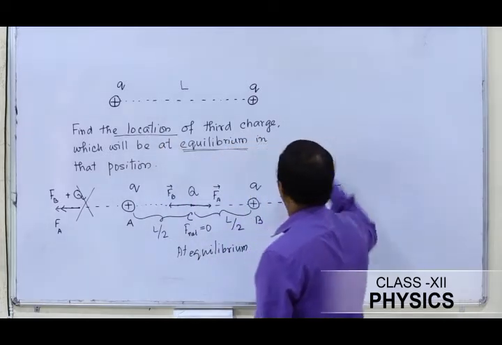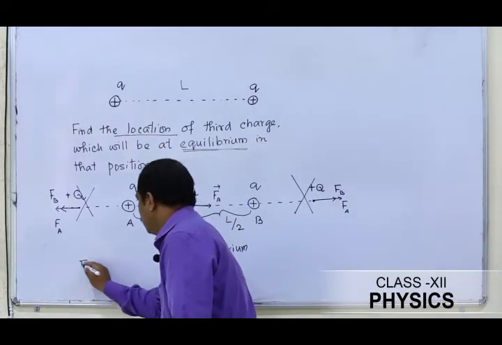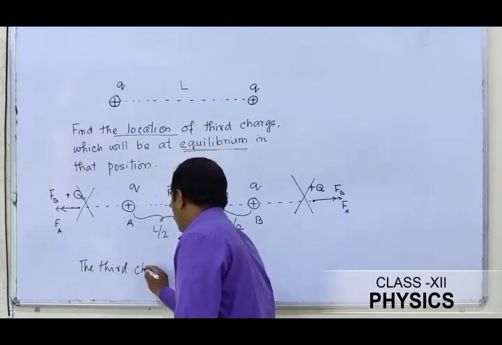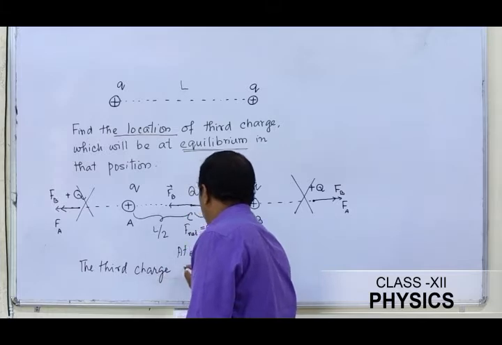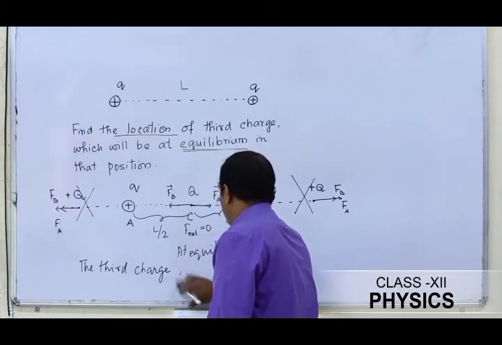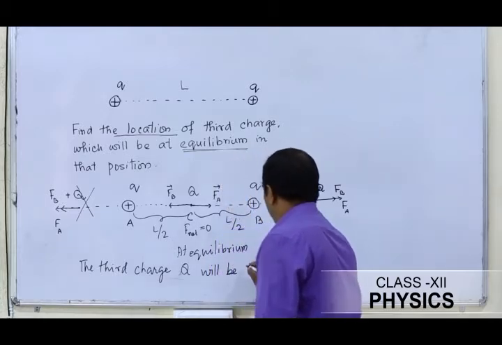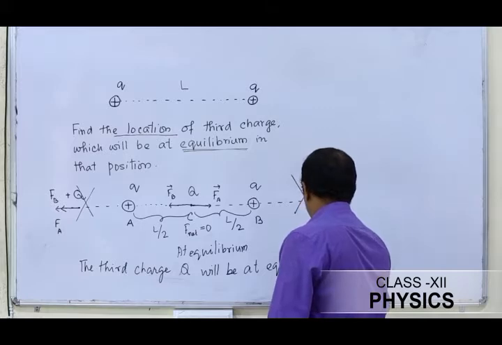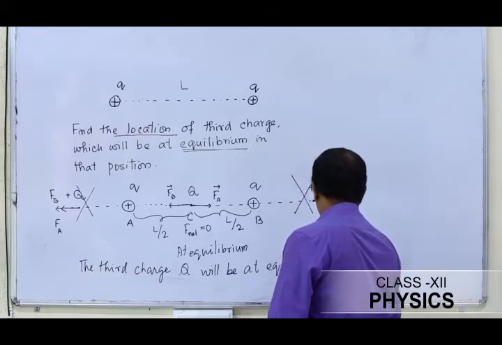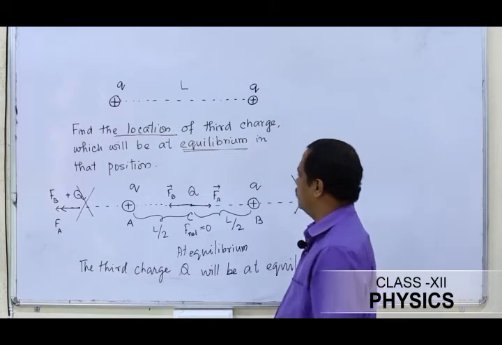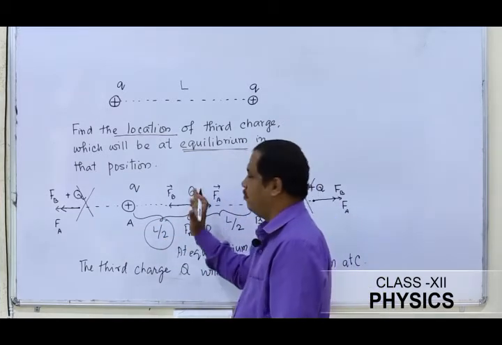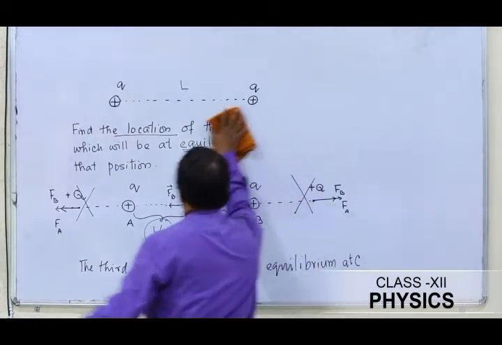That means the third charge Q will be at equilibrium at C, which is at a distance of L by 2 from A, or rather say L by 2 from B.